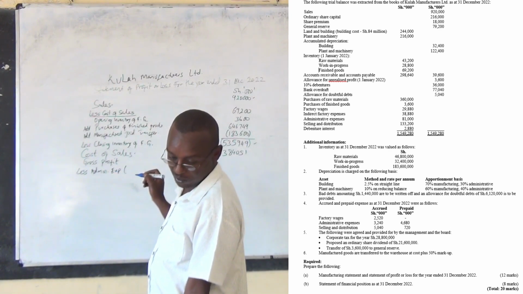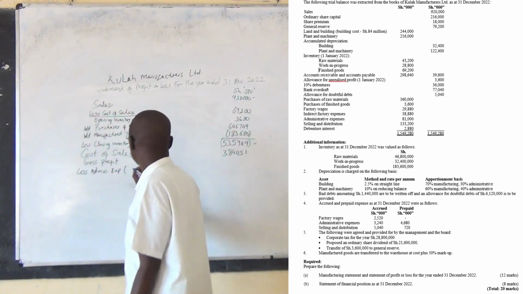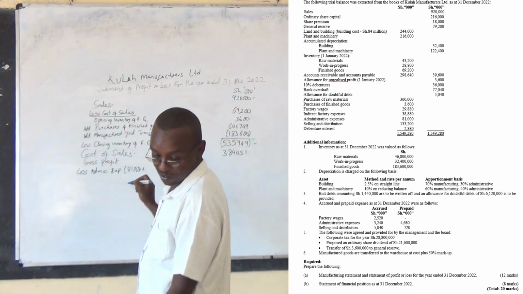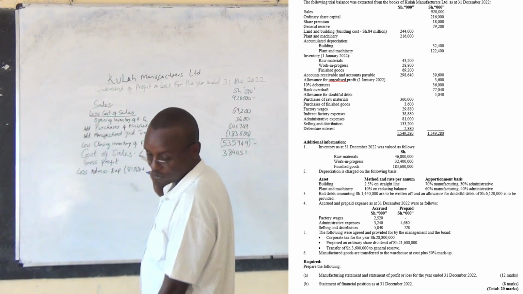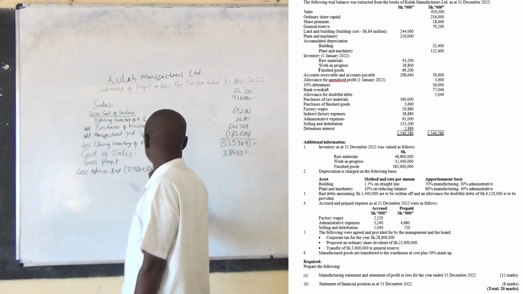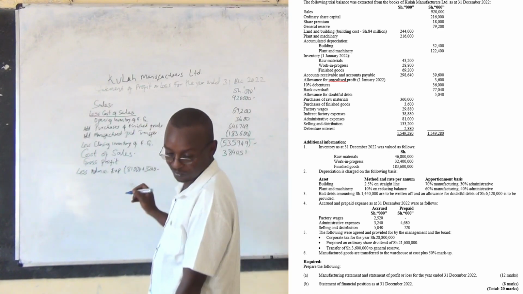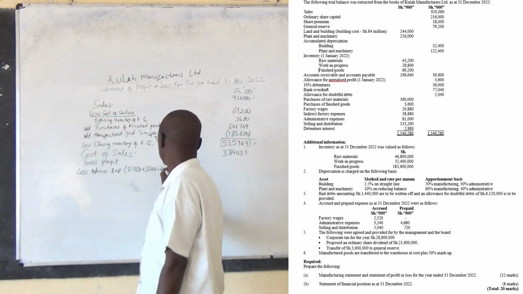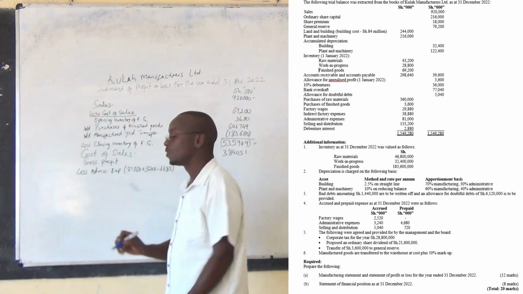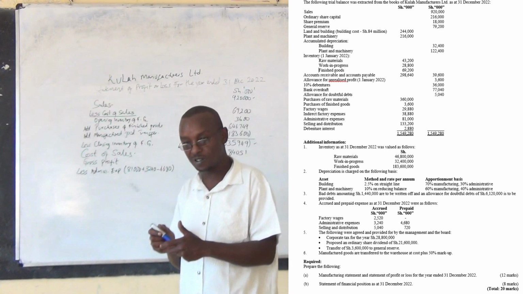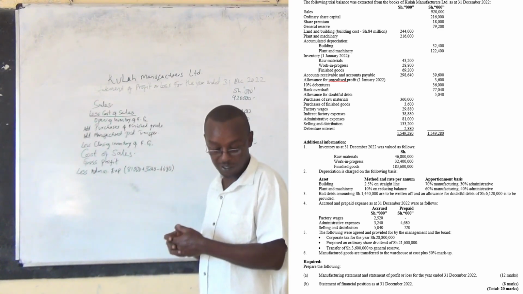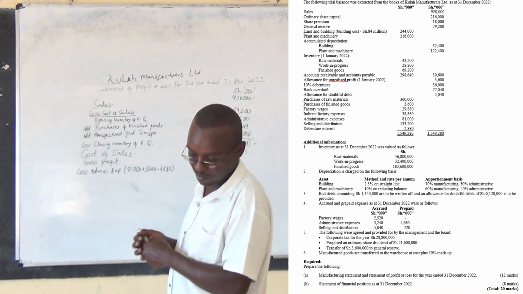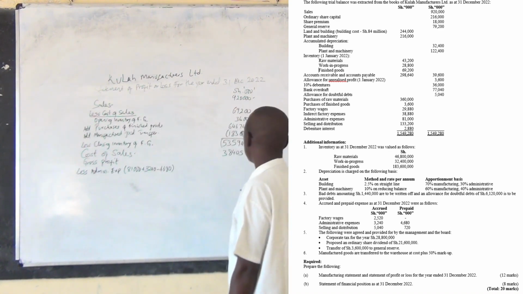So it is 81,000 plus 240 minus 4,680. You all know how we got those figures, isn't it? Yeah, you add accrued and then less prepaid. So it will give us 79,516.